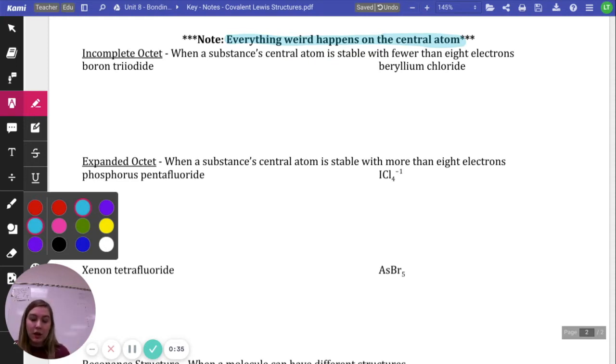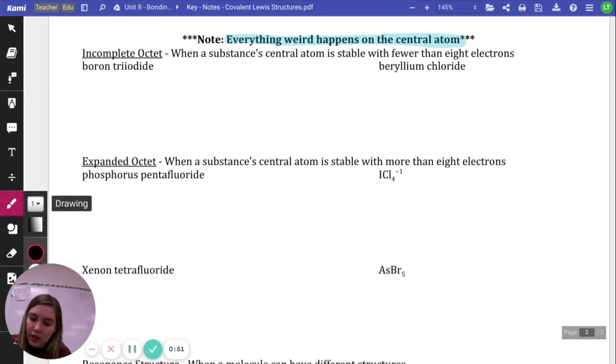Okay, so we're going to start by talking about an incomplete octet. An incomplete octet is when a compound's central atom is stable with fewer than 8 electrons. Now, you already know that happens with hydrogen, and that hydrogen only needs 2 electrons. But boron and beryllium are also exceptions that don't need to be full.